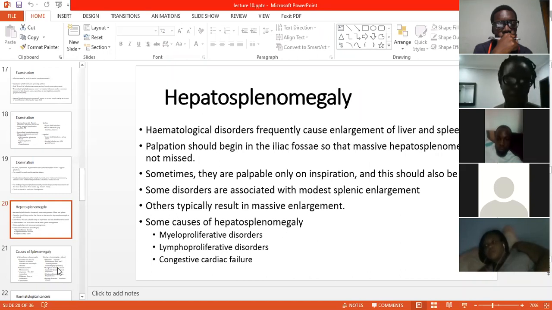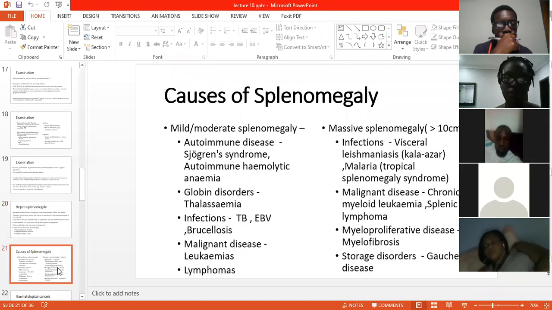But we have isolated causes of splenomegaly, massive and then mild or moderate. We say that the spleen is massively enlarged, that is massive splenomegaly, when you have a spleen size of more than 10 centimeters from the costal margin. And malaria is one of the causes. Leishmaniasis is one.